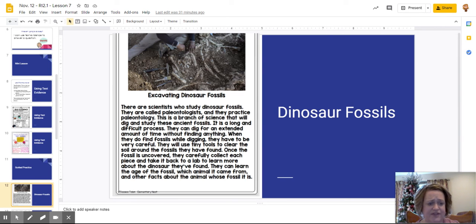Now, you have this passage on a piece of paper that your teacher or helper is going to pass out to you right now. And as they're passing that out, I want you to look at the picture as well as the passage. Now, there are a lot of big words in this passage, but I don't want you to worry because I'm going to read it to you and we're going to work through it together, because with guided practice, as you know, that's when we do it together and we talk together and we mark things together and we work it out.